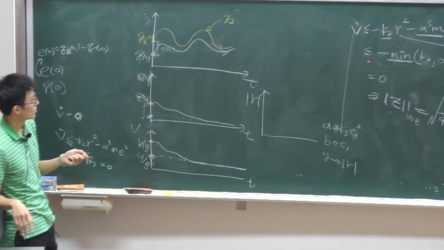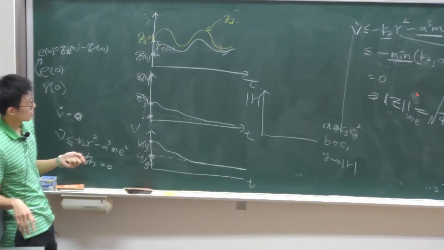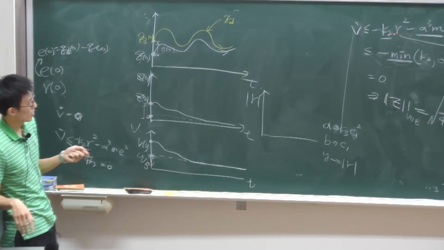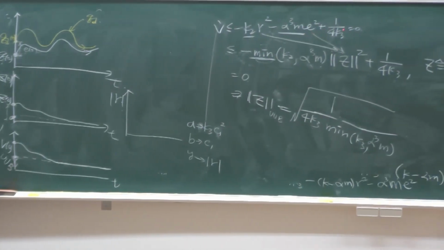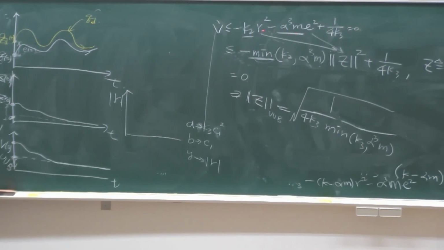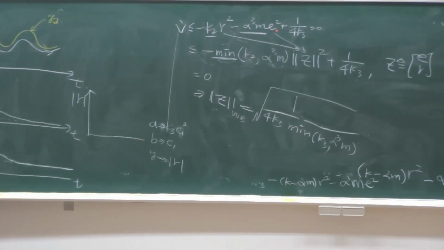I want to find where R and E go when V equals 0. I want this equation to equal 0 and find the minimum R and E. But if you don't combine them, I cannot find it. You have two variables, R and E, and only one equation, how can you find E and R? There are infinite number of solutions, right?